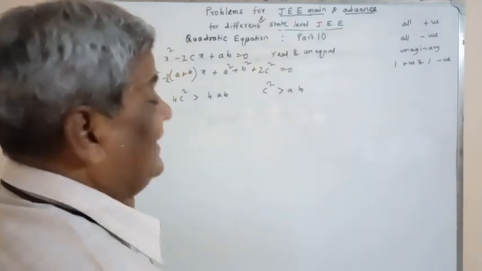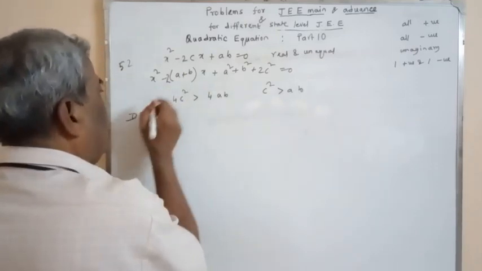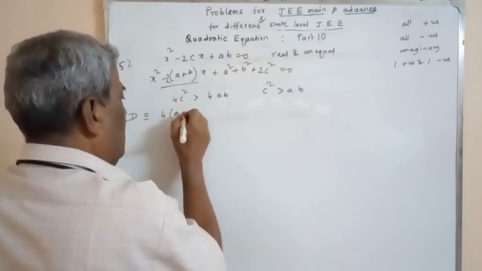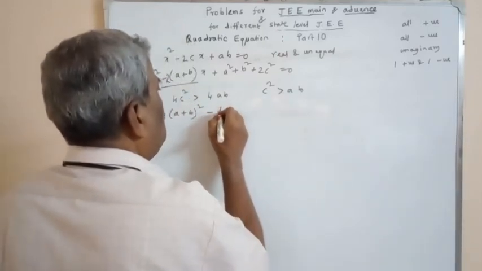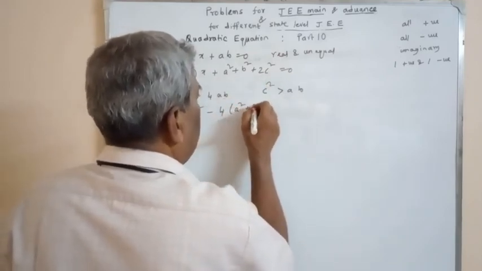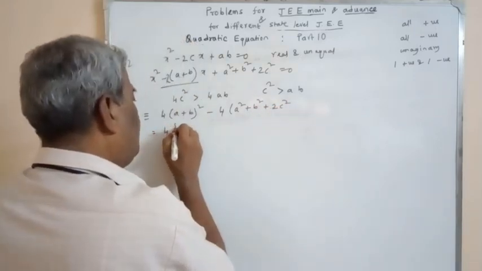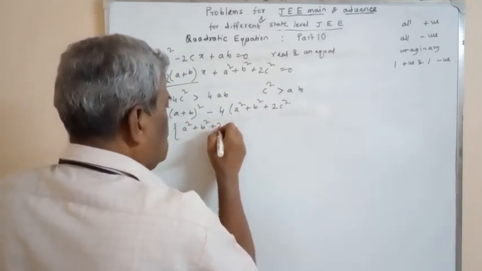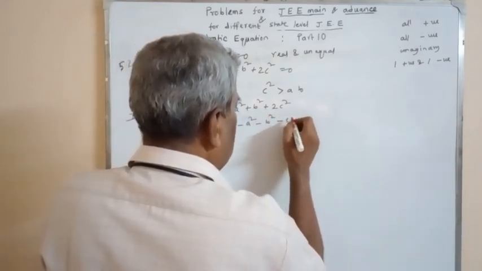Now we have to find the nature of roots of that. Its discriminant D is equal to 4(a plus b) whole square minus 4 into (a square plus b square plus 2c square). Taking 4 common: a square plus b square plus 2ab minus a square minus b square minus 2c square.